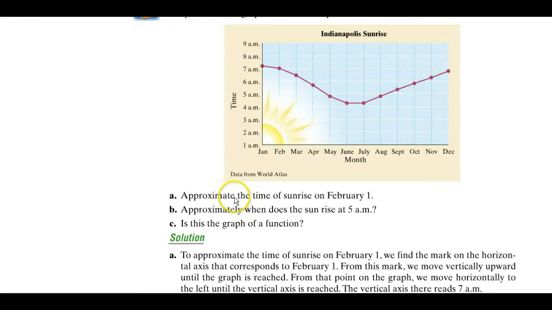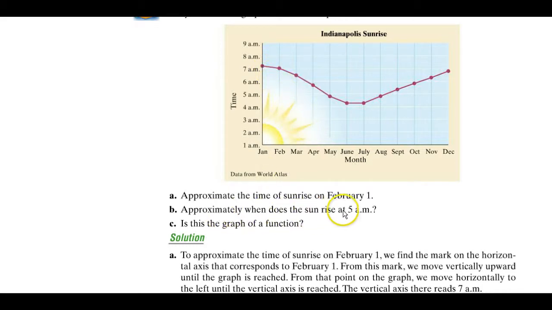Approximately the time of sunrise on February 1st. Well, this is February 1st here. We go up here and we go over there, and I don't know, what is that, about 7? Is that on the graph? It's kind of hard to make out, but if it's right on there at 7, that would be 7.